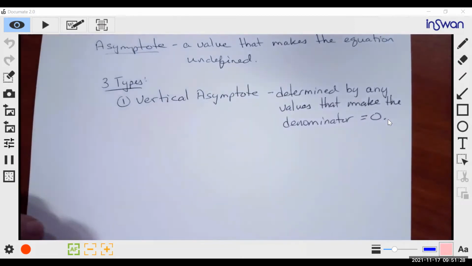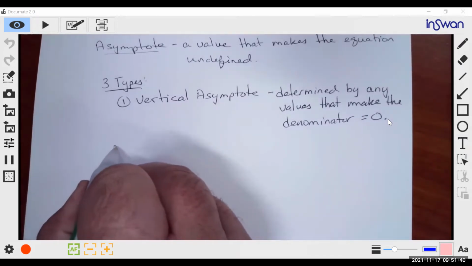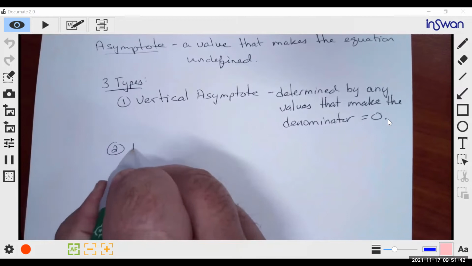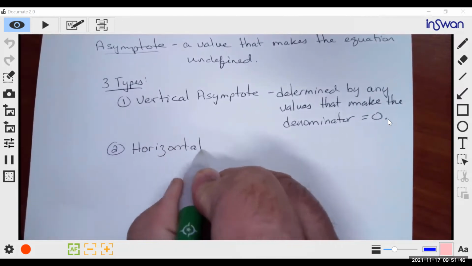Those are our vertical asymptotes. We have horizontal asymptotes.